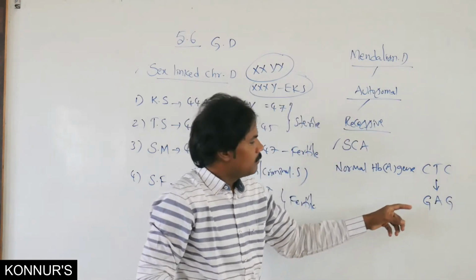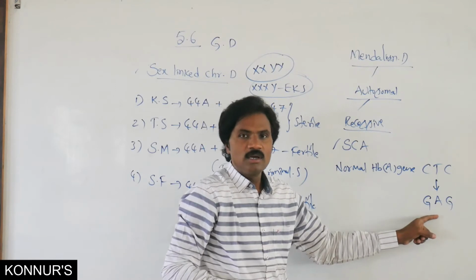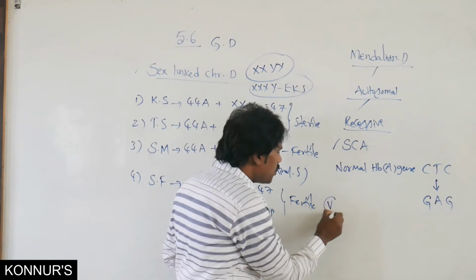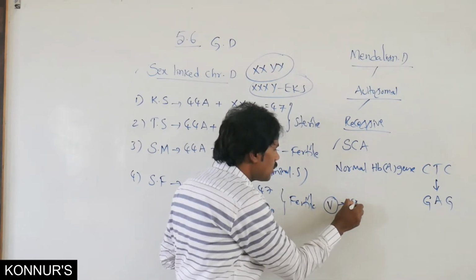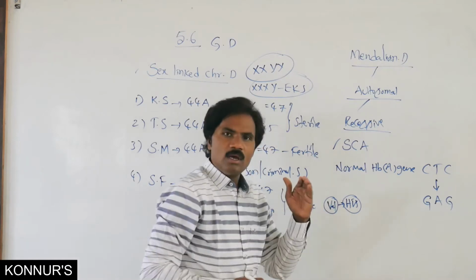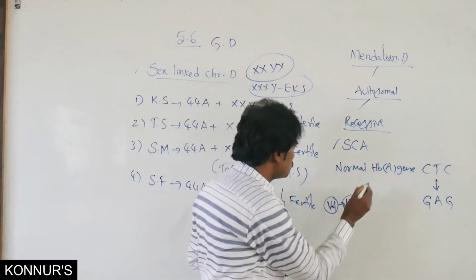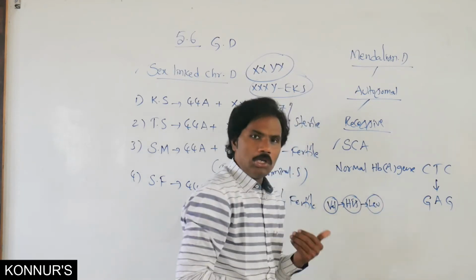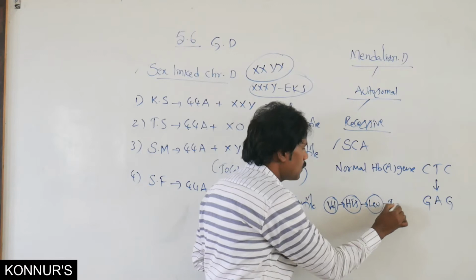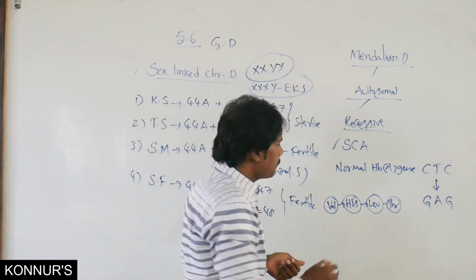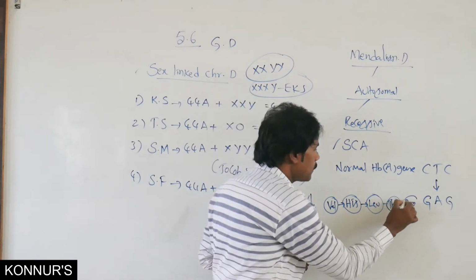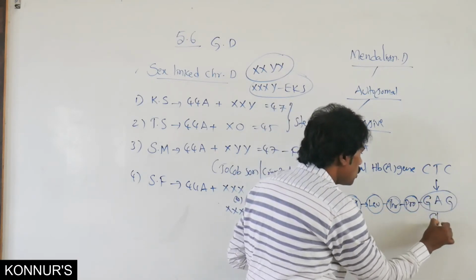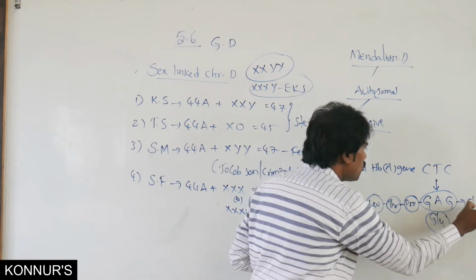It represents glutamic acid, like this continuously: valine, histidine, leucine, threonine, proline, this particular one, glutamic acid, then one more glutamic acid.